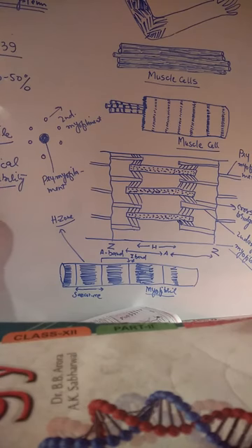They also have the property of extensibility; they are extensible. And they have elasticity. These muscle tissues and muscle fibers are elastic in nature.